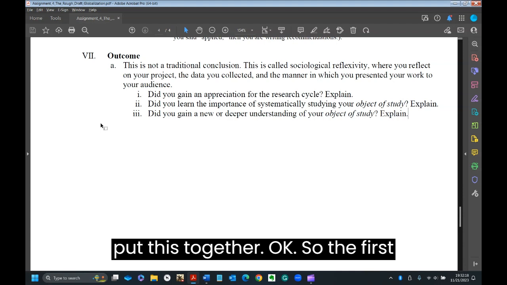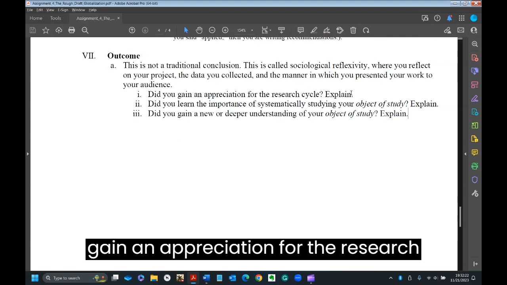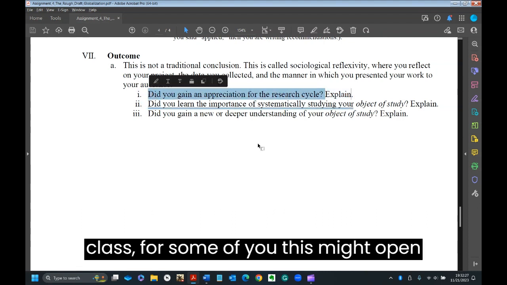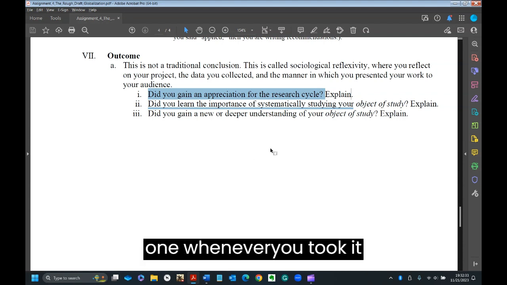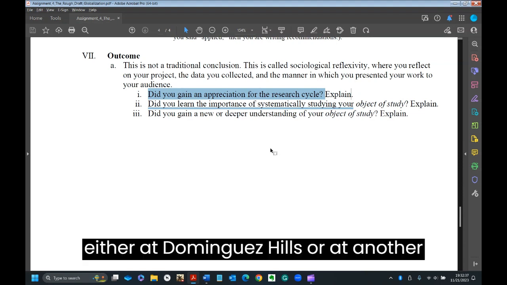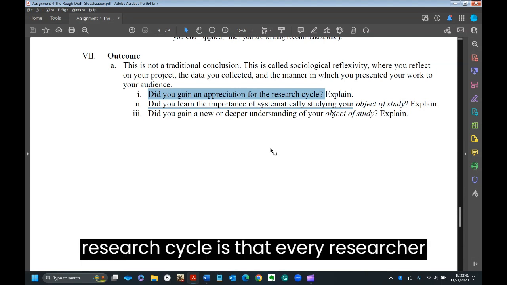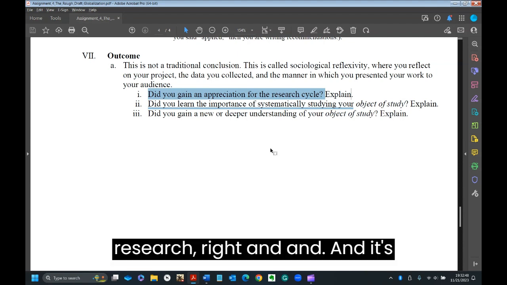Okay. So the first point you're going to address is, did you gain an appreciation for the research cycle? And as I mentioned in class, for some of you, this might open up deep-seated wounds about when you first took Sociology 101 or Sociology 1, whenever you took it, either at Dominguez Hills or at another institution. But the idea of the research cycle is that every researcher uses it in order to conduct research, right?